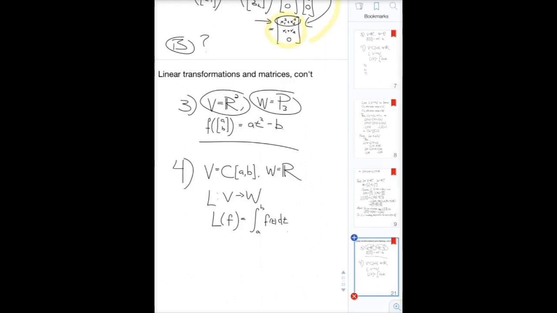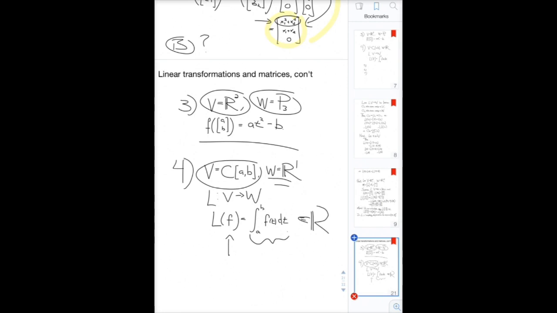Our next example comes from taking V to be the vector space of all continuous functions on the interval a, b, and for W we'll take the vector space R, or R1 if you'd like to think of it like that. Then here's a map from V to W. The map sends any function f to the integral of that function from a to b, and that is certainly a real number if you fix the interval a, b and evaluate this on a function.